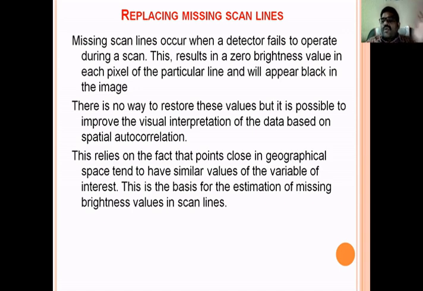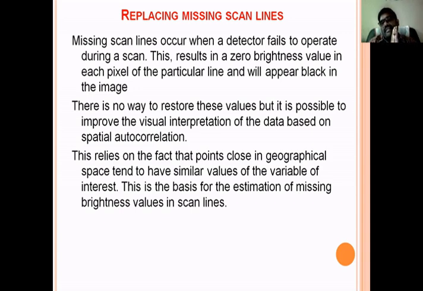In most of the instances, the objects on the earth which are recorded by the sensor at points which are close to each other may hold similar characteristics.